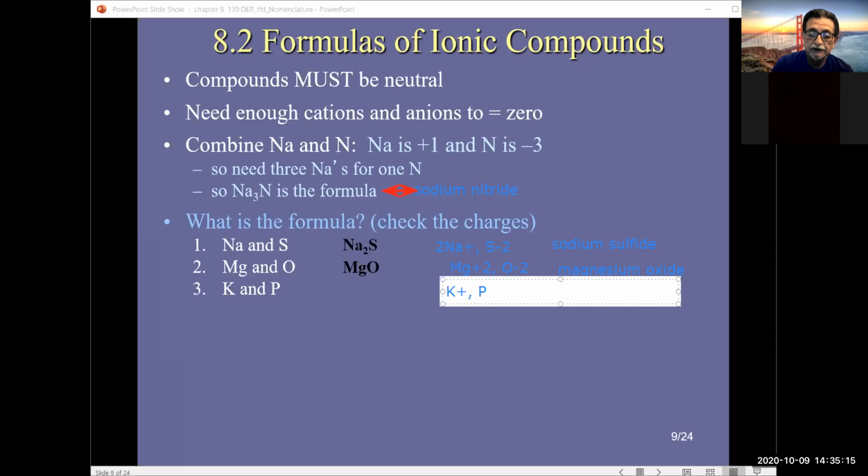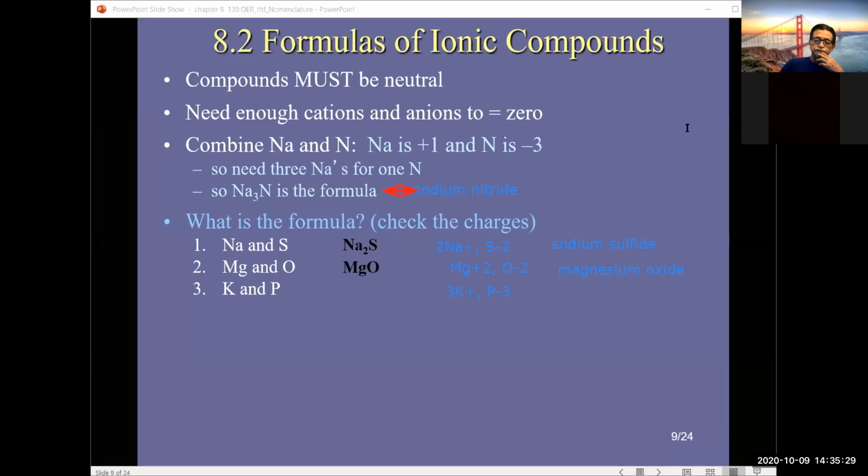The phosphide would be a -3, just like the nitride. That's phosphide. And so I'm going to need 3 potassiums. Okay. And so I have K subscript 3 P, which would be potassium phosphide.